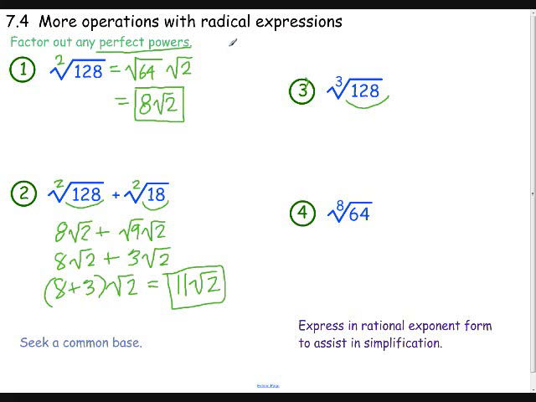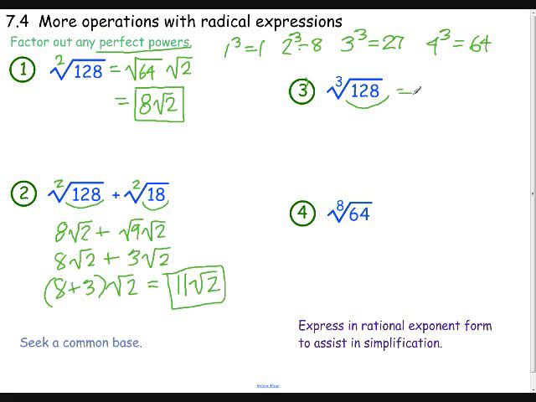Let's just go through a couple of them that we know. 1 to the 3rd power is equal to 1. That's probably not very useful. 2 to the 3rd power is equal to 8. 3 to the 3rd power is equal to 27. And 4 to the 3rd power is equal to 64. How sweet is that?